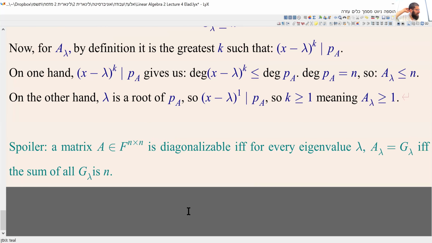So instead of the basis containing only eigenvectors, this is a simple criterion to check if a matrix is diagonalizable. If for every eigenvalue the multiplicities are the same, or equivalently, the sum of all geometric multiplicities is the order of the matrix.